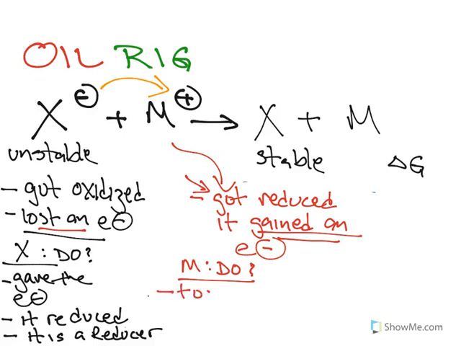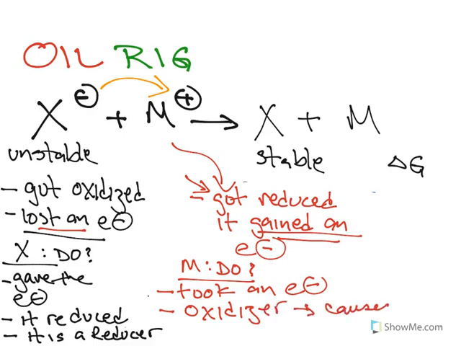It took an electron, in this case from X. So when it took an electron from another molecule, that molecule lost an electron. Therefore, M is an oxidizer, because it causes another molecule to lose an electron.